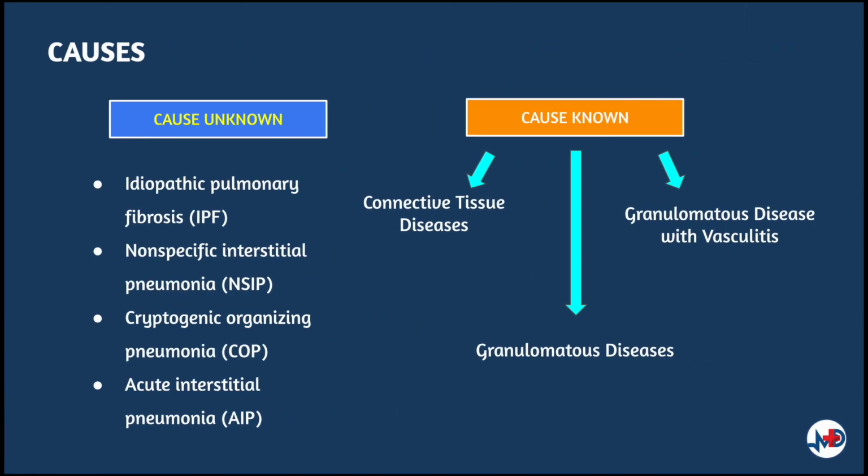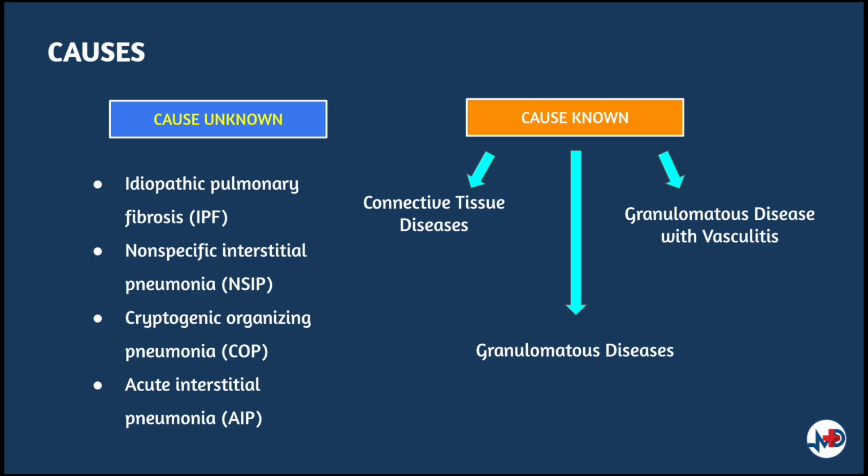Its classification begins with unknown causes of the disease, which is termed idiopathic interstitial pneumonia, or IIP. Examples of conditions under this category are idiopathic pulmonary fibrosis, which is the commonest of all, non-specific interstitial pneumonia, cryptogenic organizing pneumonia, acute interstitial pneumonia, and smoking-related interstitial lung disease.